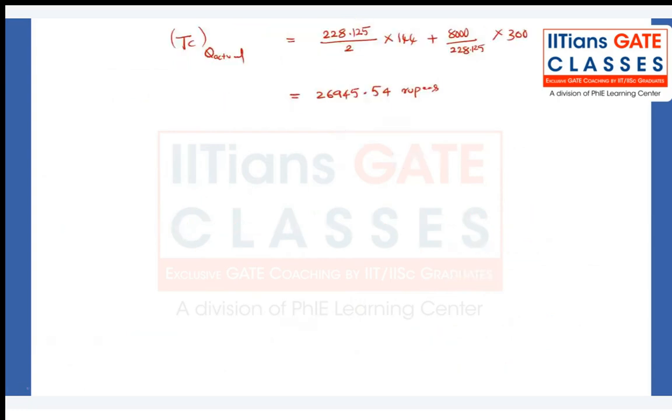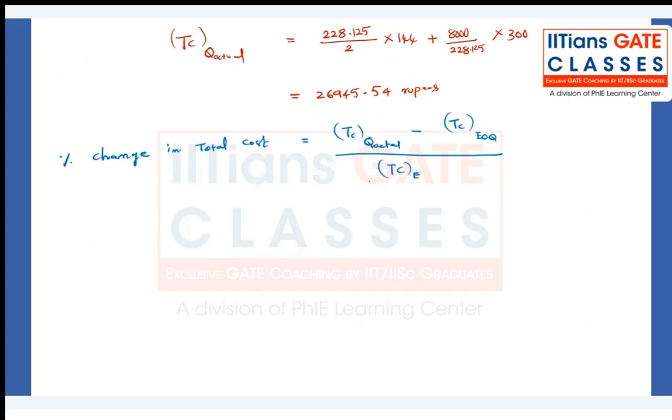Now, the percentage change in the total cost. We need to find the percentage change in total cost. Now, here it is TC at Q actual minus TC at EOQ, divided by total cost at EOQ, multiplied with 100, so that you will get the change in total cost. So what is the total cost?